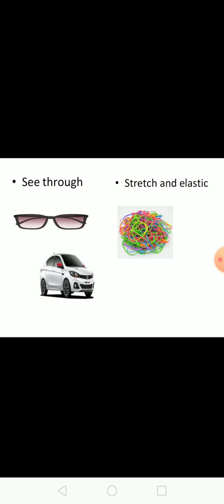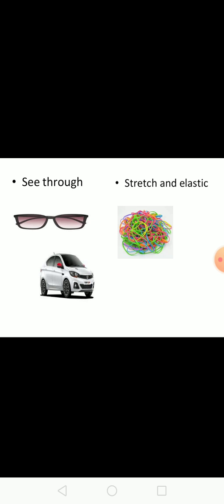Over here, you have specs that you wear. I think a few students in our class also are wearing glasses. They are see through. It means that even though you wear it, you can see through it what is on the other side. So, the material glass has the property of see through.